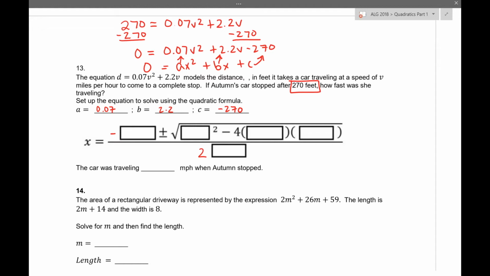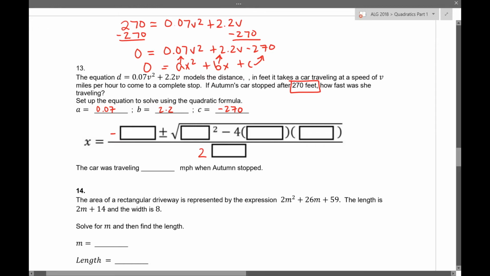So, remember the formula is x is equal to negative b plus or minus the square root of b squared minus 4ac all over 2a. So the first one is a negative b, so negative 2.2 plus or minus the square root of b squared, so it's 2.2 squared, minus 4a and c.